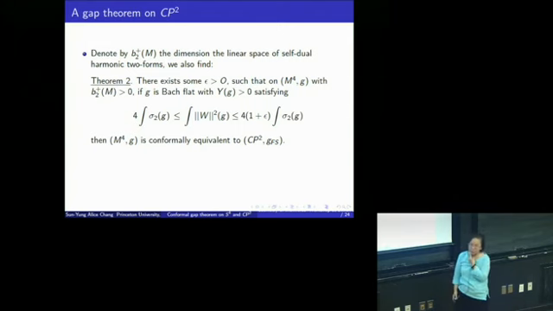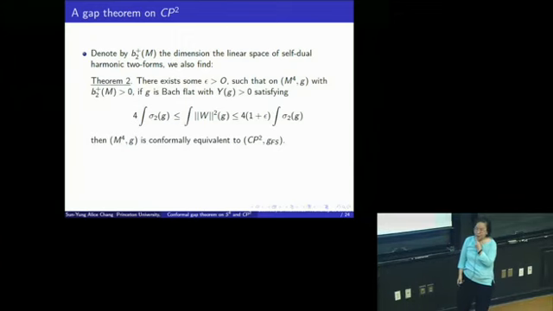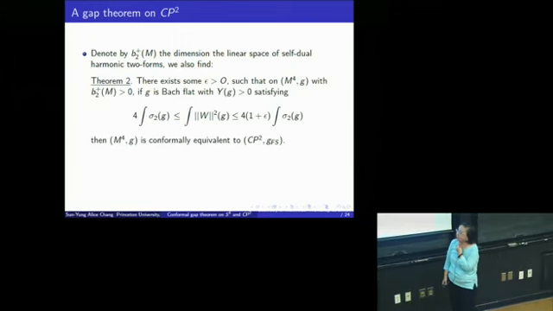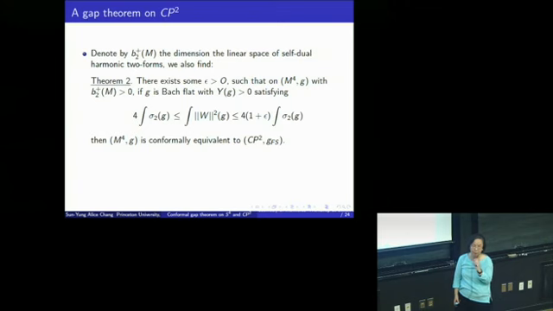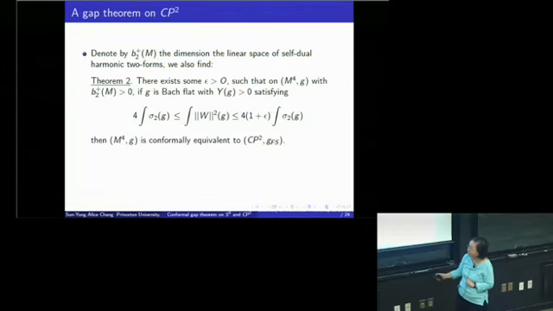But again, we need to add some conditions for this to work. One is the Bach flat condition, an elliptic condition to help us. And the other is we also add this important assumption: we assume that this B2 plus is already greater than 0.